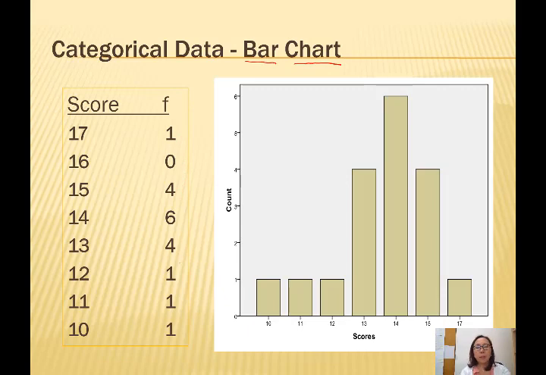But before we begin to look at the graph a little bit more carefully, you'll see the vertical line that's labeled as count and the horizontal line that's labeled as scores. So we want to list the scores in the way that they appear in the frequency table. And where the 2 lines meet, the vertical and the horizontal, we want to place a 0 there. That's the lowest point.